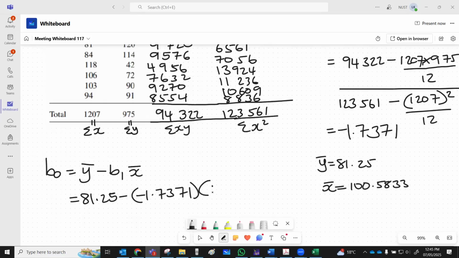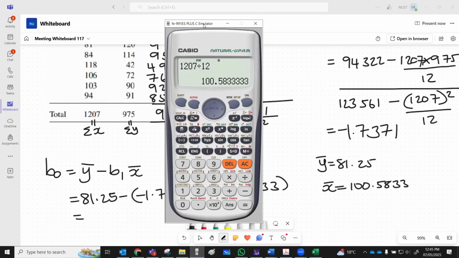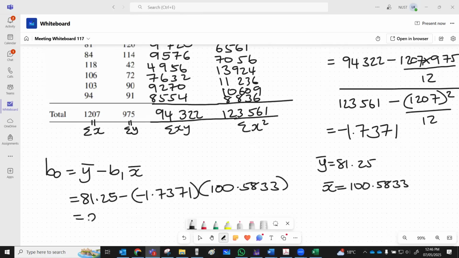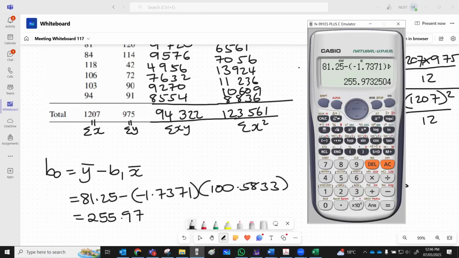So multiply this by 100.5833. On our calculators, we then have 81.25 minus negative 1.7371 multiplied by 100.5833, and this gives us 255.977.